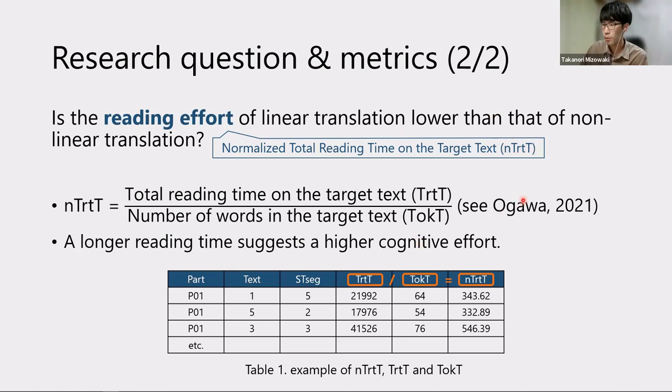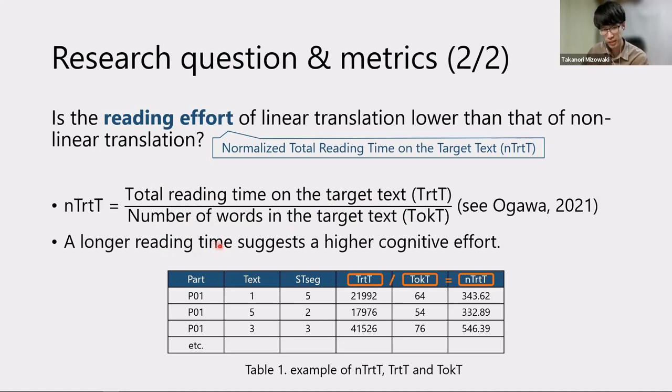According to Ogawa, NTRTT is calculated by dividing the total reading time on the target text, which is the total gaze fixation time, by the number of words in the target text. Longer reading time suggests a higher cognitive effort. In contrast, a shorter reading time indicates a lower cognitive effort.